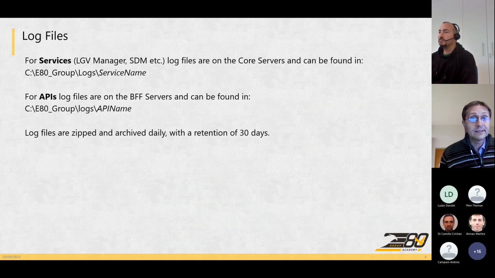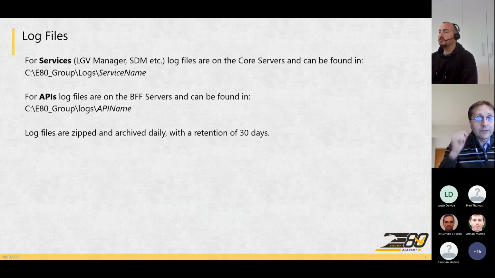All the APIs in BFF are in a similar folder, CE80 group logs API name. So for example, if you are looking for the logs for the handling systems or inventory API, you just go inside the CE80 group logs and the name of the API.